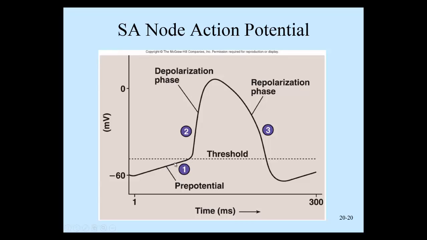Then when this pacemaker cell or autorhythmic cell reaches threshold, then calcium channels open, and calcium causes depolarization. So this rapid depolarization here we see in step 2 is actually calcium entering the cell. And that's quite different from what we've seen before.